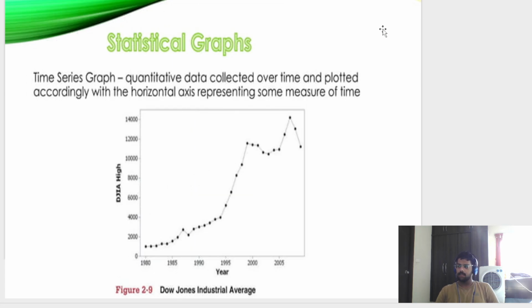Now, the time series graph. It shows quantitative data collected over time and plotted accordingly, with the horizontal axis representing some measure of time. So, on one axis we will have time, in whichever units, and on the y side we have a variable that we are trying to forecast.